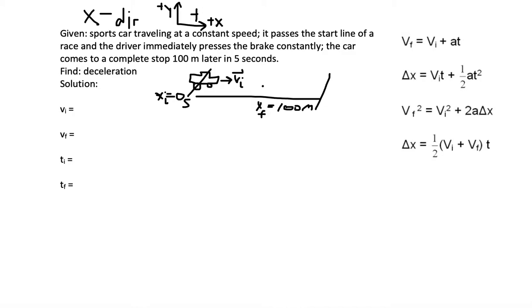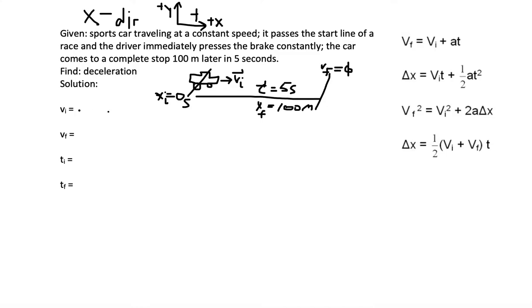And then we know it took a duration of 5 seconds. And the last bit of information we're given is that the car came to a complete stop, so we know that V final is equal to 0. This is all the information that we're given.